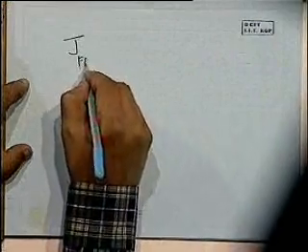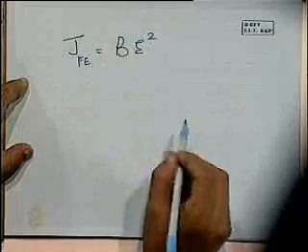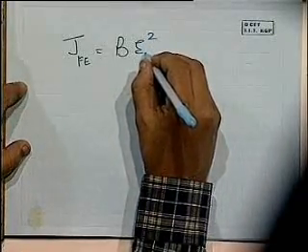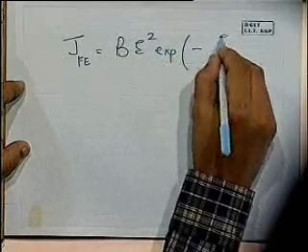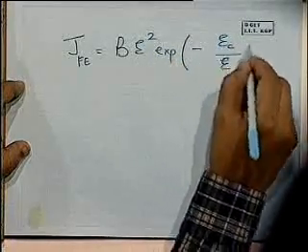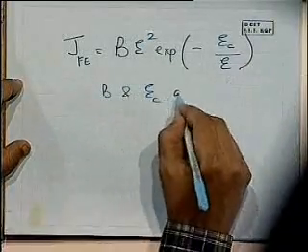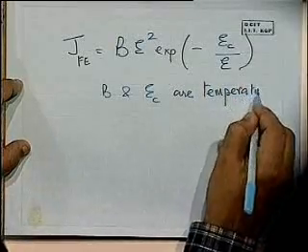for the current density for field emission as B, some constant, epsilon squared, the square of the field, exponential minus epsilon c by epsilon. Both B and epsilon c are temperature independent constants.